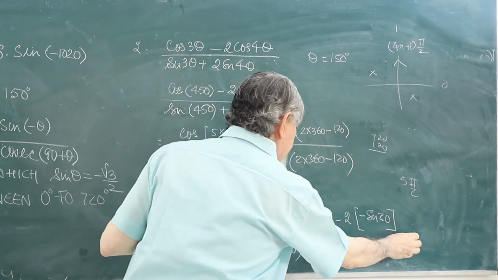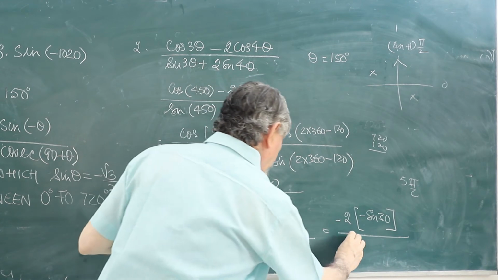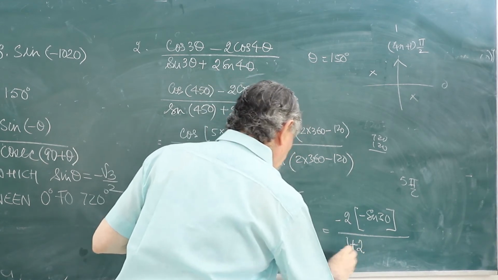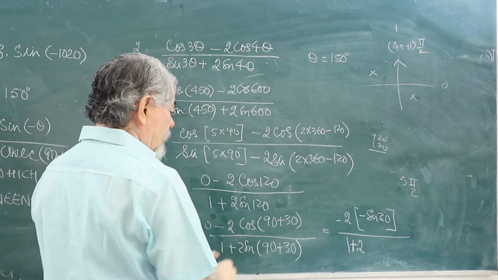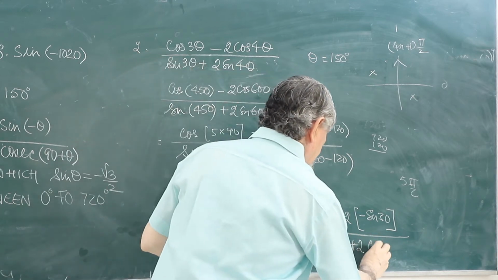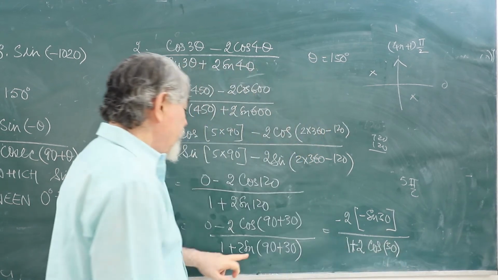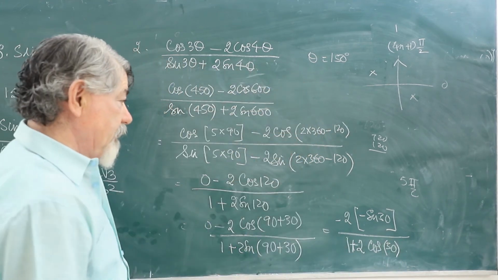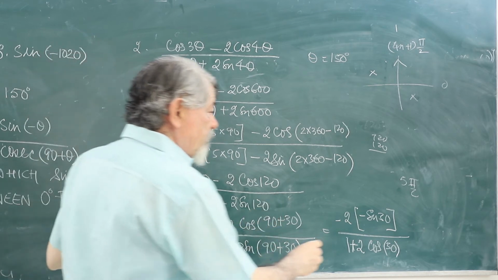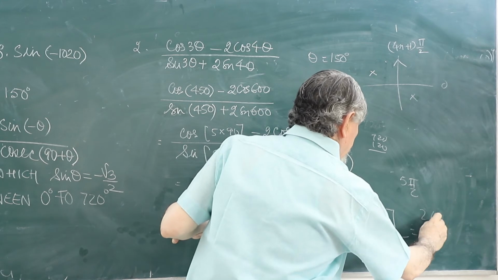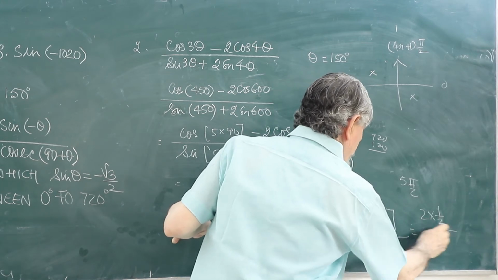So it will become minus, and here it is 1 plus 2, and sine will become cos, but it is plus only because sine is plus there. Minus into minus will become plus. Sine 30 is 1 upon 2.